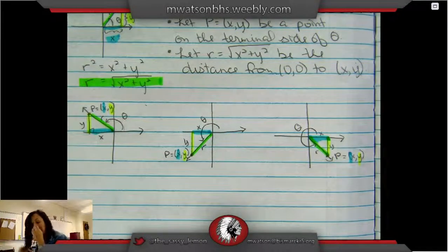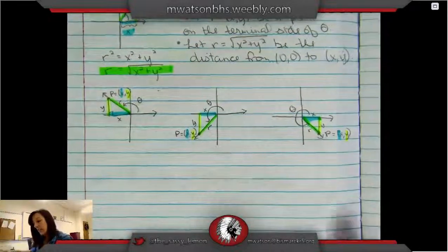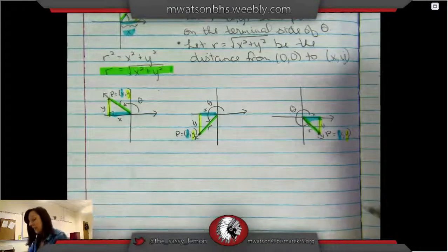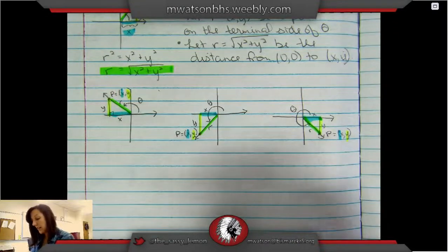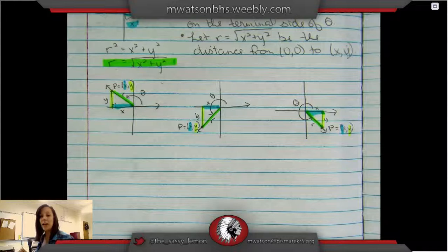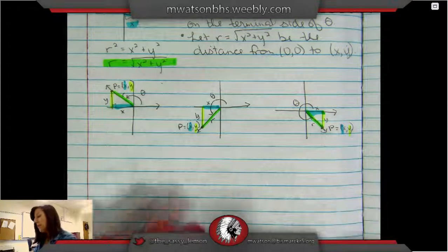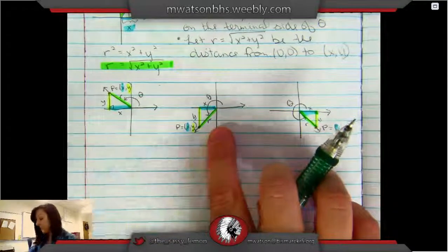Okay, so now we have all the tools to understand these new formulas for sine, cosine, tangent, cosecant, secant, and cotangent that I'm about to give you. So far we only know them as opposite over hypotenuse, adjacent over hypotenuse, and opposite over adjacent. But now we're going to think of them in terms of x, y, and r.